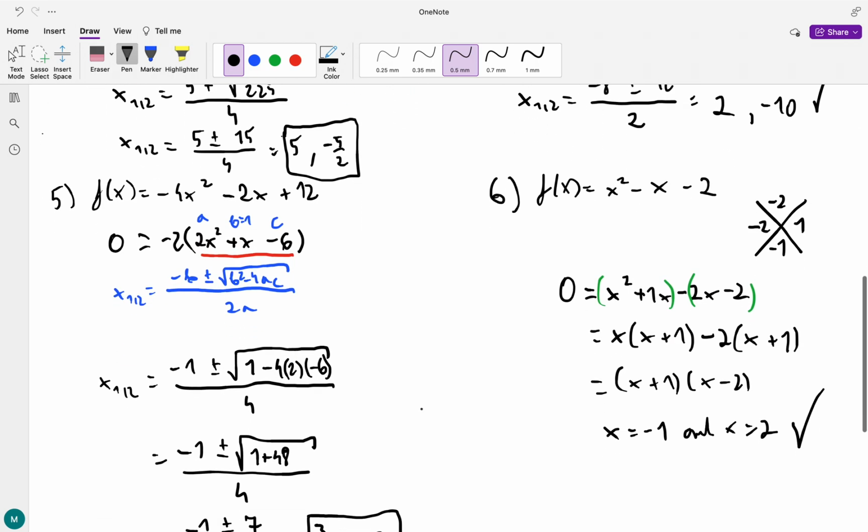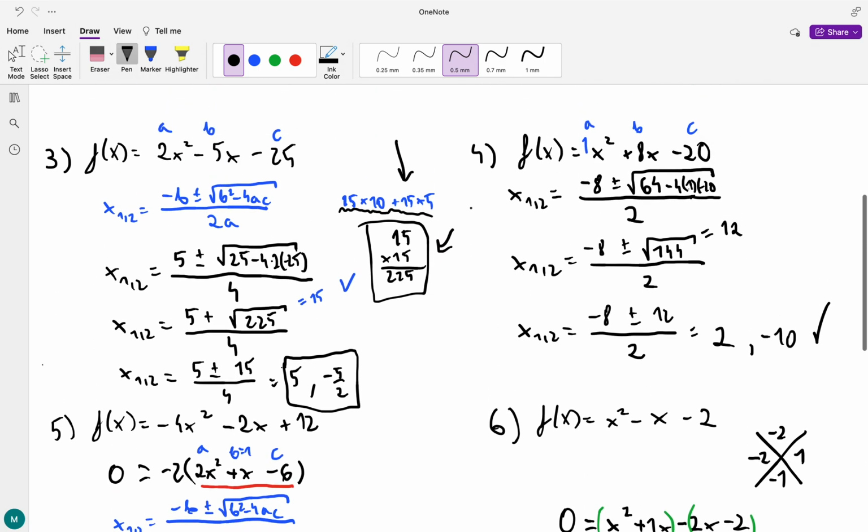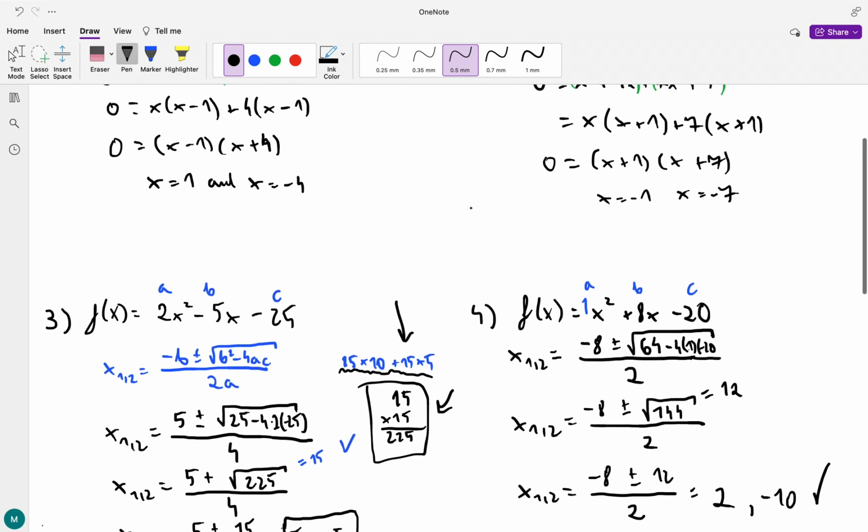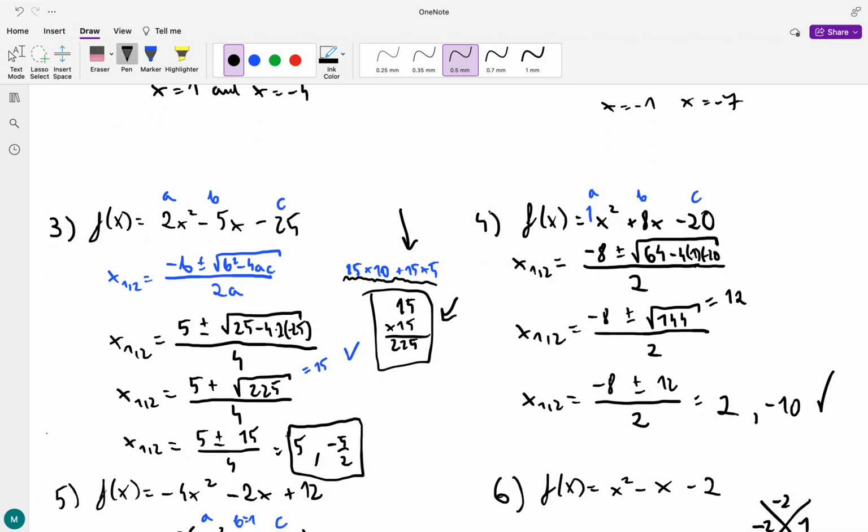For example, in example number 6, it would be a waste of time to use the quadratic formula when you can factor a simple quadratic expression into 2 components and basically solve for 2 x's. On the other hand, when you are not able to find factors quickly and easily, like in example number 4, resort to using the quadratic formula and you'll be good to go.